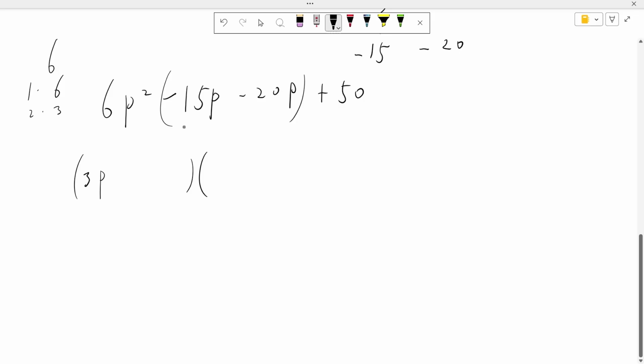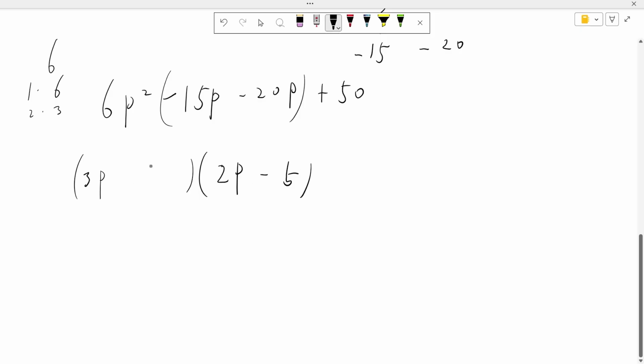then we can see that 3 divides evenly into 15. So that's good. We can use 3p. And because we use 3p, this will have to be 2p to result in 6p squared. And this other term will be negative 5 to result in negative 15p.